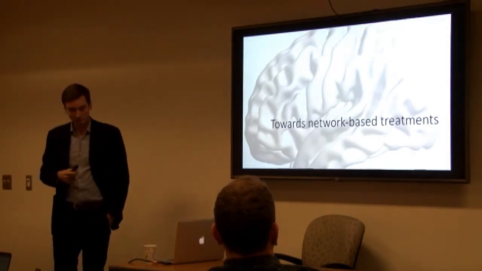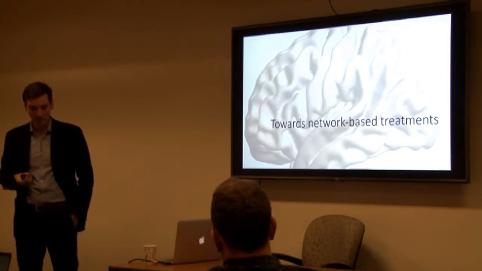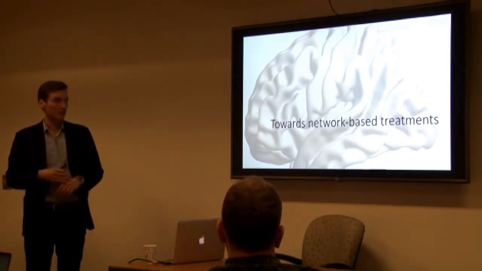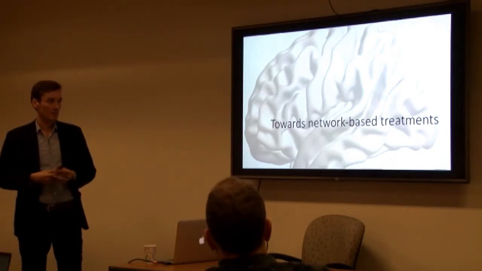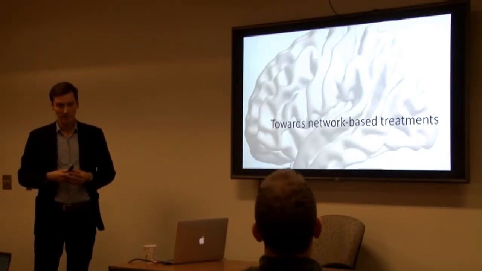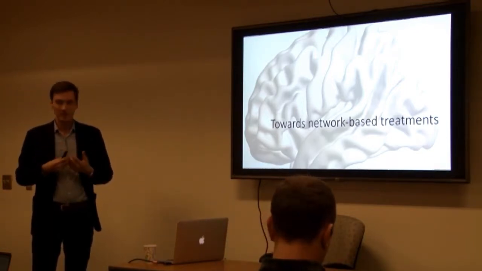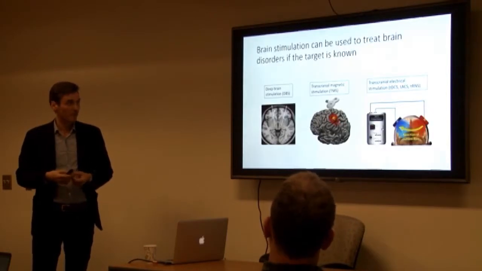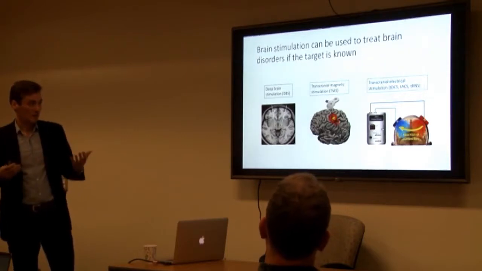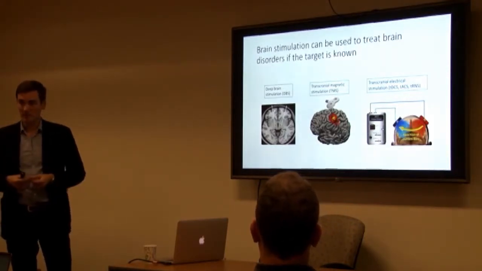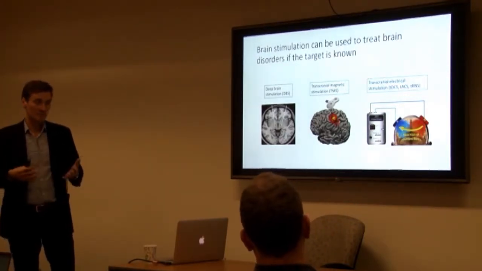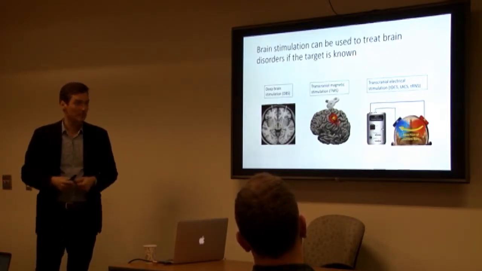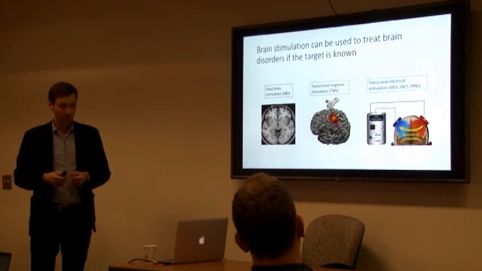Okay, so now I've talked about how to localize different brain disorders and their possible relevance for treatment. So how to actually use this information, how to convert it to treatment. As you know, we have different kinds of brain stimulation methods, and this could in principle be used for any brain disorder as long as we know where to stimulate.